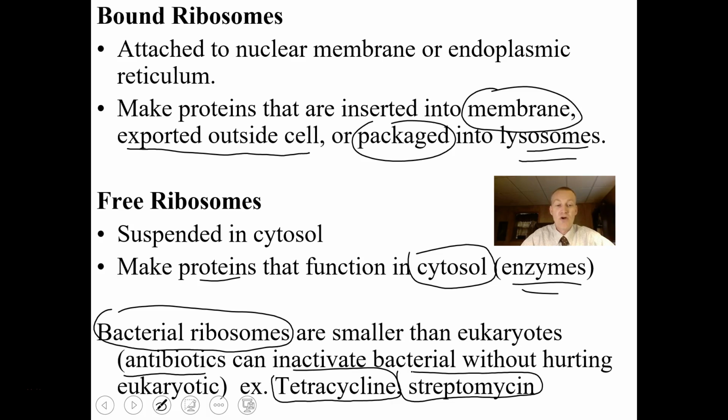There are antibiotics that deactivate our ribosomes, and of course we wouldn't want to eat those because it would kill you. When you inactivate bacterial ribosomes, they can't make proteins, and if they can't make proteins, they can't grow, they can't reproduce, and they can't repair themselves, and they're going to die within days.